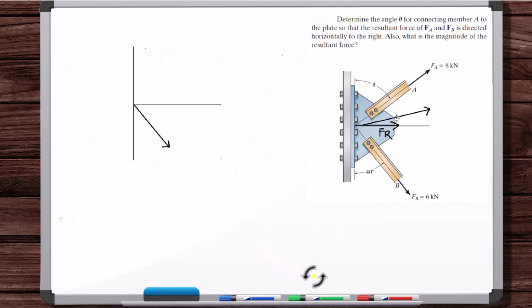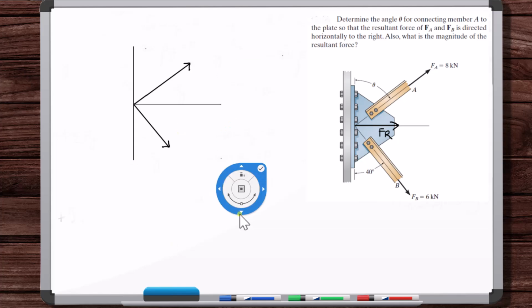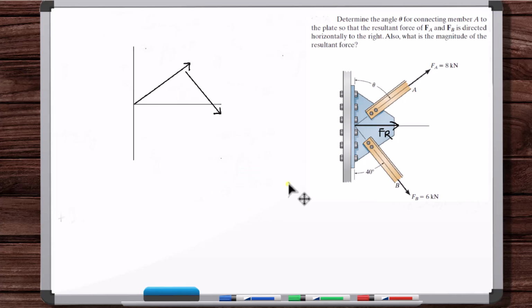And then FA is like that. There's FA. Now, let's first put them head to tail. Then we could see that's going to be the resultant along the horizontal axis. Okay, so we can now draw the resultant.